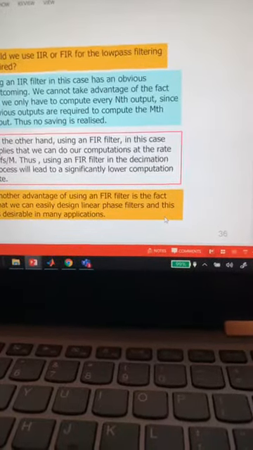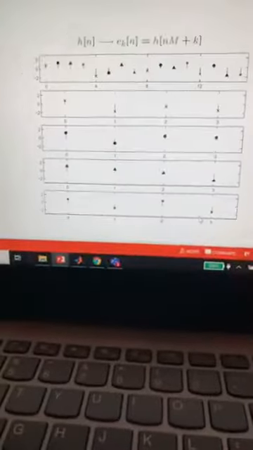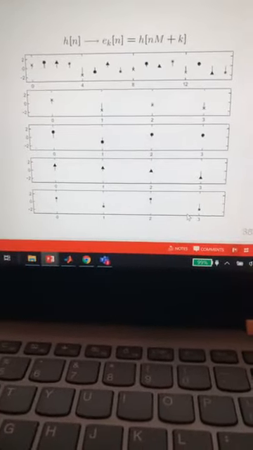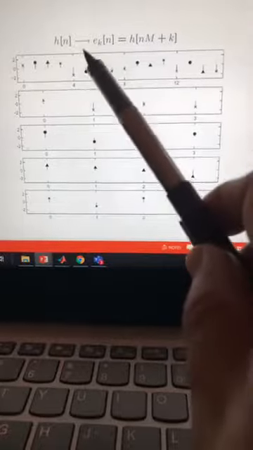There is a very important concept of polyphase decomposition, which we have just covered. And usually IIR filters are not used for polyphase decomposition. I told you that we have a filter, we divide it into 4 filters. One coefficient here, the other here, other here, other here, and then you do this.